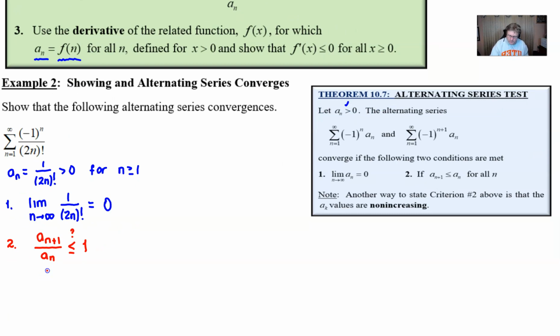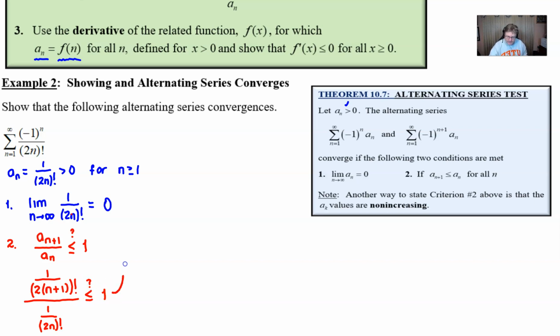Well, we can investigate this by taking that n and changing it to an n plus 1. Now, all of this would still have to be wrapped in parentheses and applied the factorial. And then the bottom is just going to be 1 over our 2n factorial. So we're still questioning whether or not this statement is less than or equal to 1.